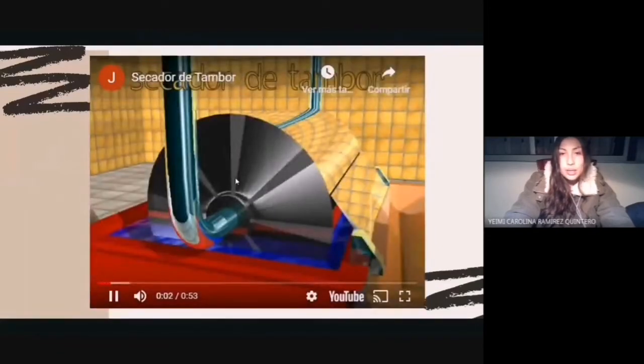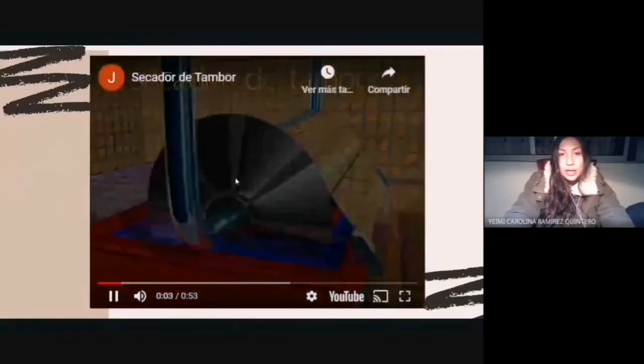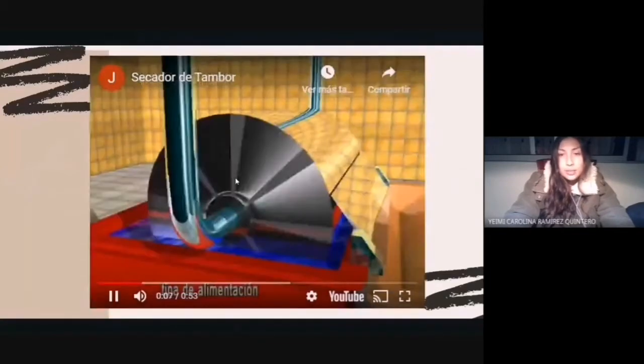Okay, in this type of dryer, a rotating metal drum, internally heated with steam, is immersed in a tank containing the substance to be dried. A thin film of the substance is retained on the surface of the drum, and the thickness of the film is regulated by a dispensing knife. As the drum rotates, moisture evaporates into the surrounding air by heat transferred through the metal of the drum.